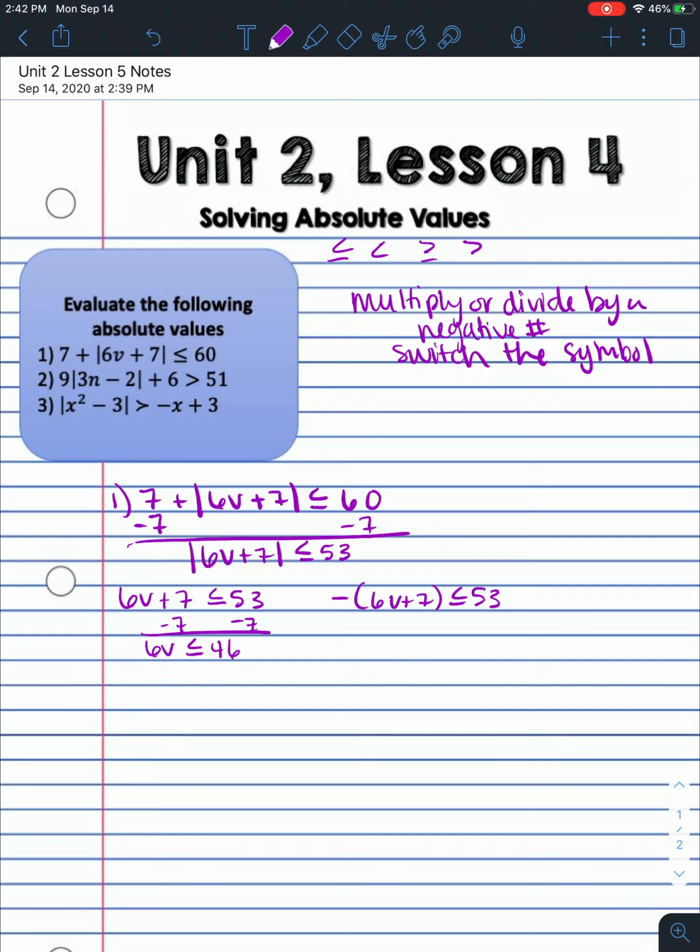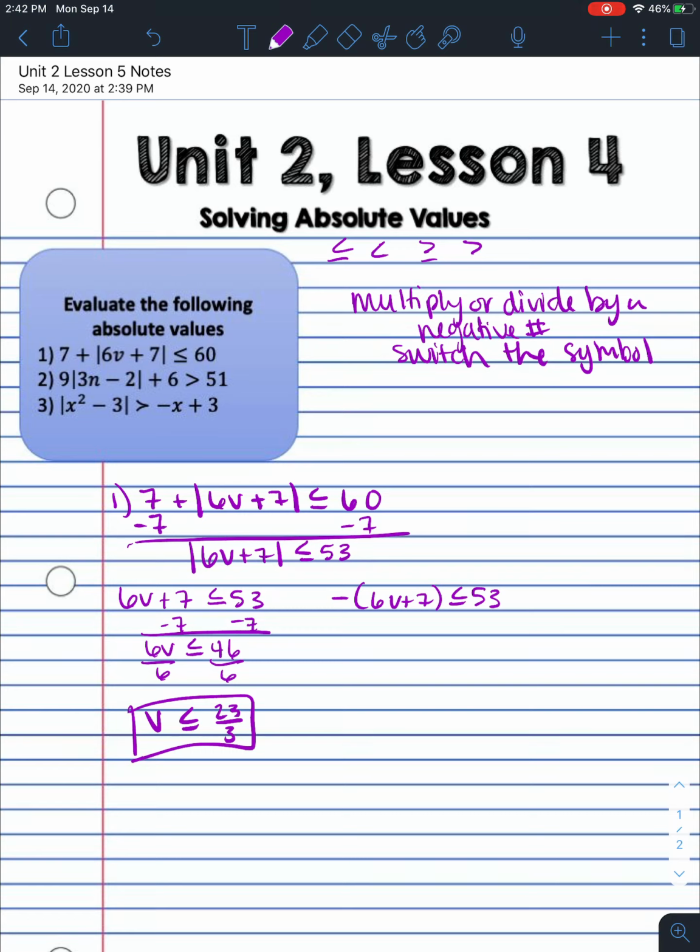And then I need to divide by 6. I want it to be a fraction, so I'm going to simplify that to v is less than or equal to 23 over 3. 46 divided by 6 is some decimal, 7.66 repeating, so that fraction is 23 over 3.